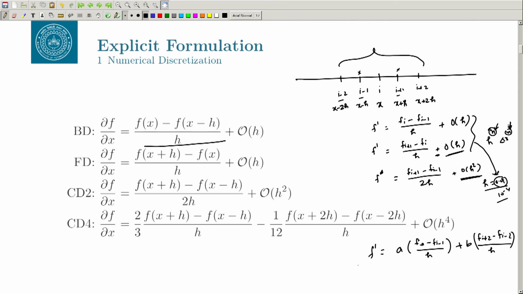Okay. So, a we found to be 2 by 3 and b we found to be minus 1 by 12. Okay. So, these are some differentiating schemes that we derived in the last class.